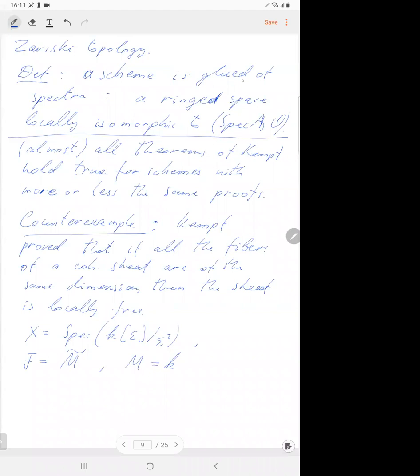Okay, and then there is just one point. You see, still it is just one point. And at this point, the dimension of the fiber of our sheaf is 1, certainly, but there is nothing to compare to. Yeah, so it's constant because it's just a function of 1 point. But clearly, this module is not locally free.